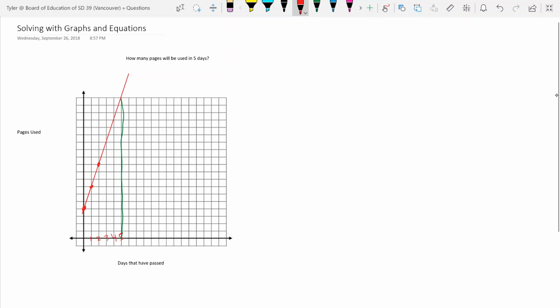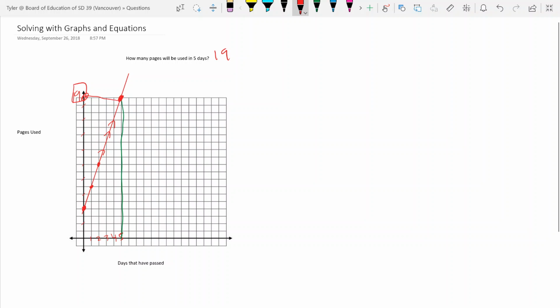By extending it like that, we're able to see, okay, I know this pattern is going to continue, and we can see, oh, right there, that's going to be the answer. So at 5 days, it's right here, and let's just quickly count: 2, 4, 6, 8, 10, 12, 14, 16, 18, 19. So I know there will be 19 pages used in 5 days.